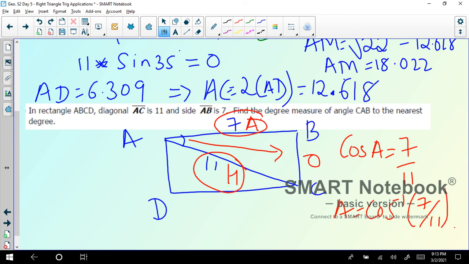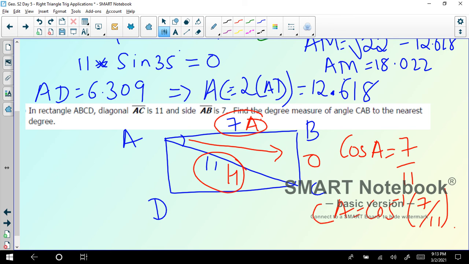So let's do that. Cos inverse of 7 over 11 gives us 50.479 degrees.